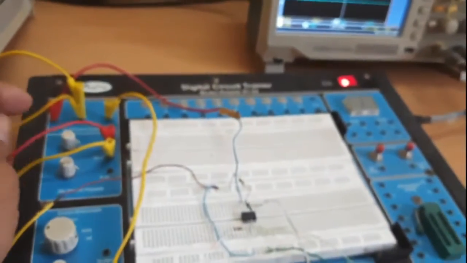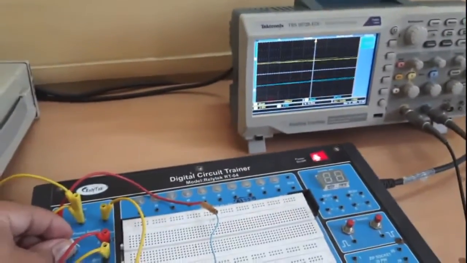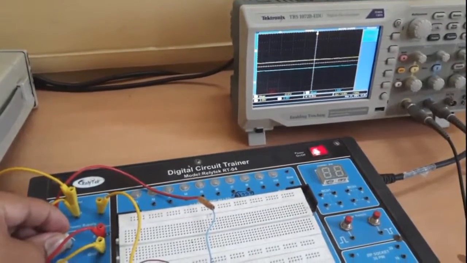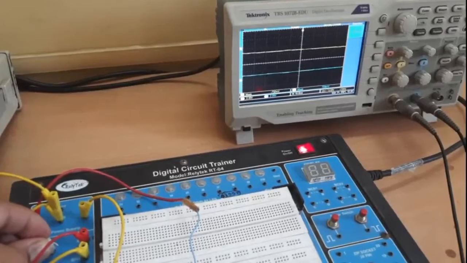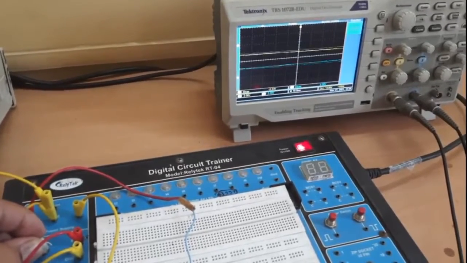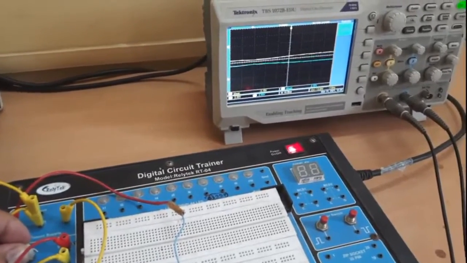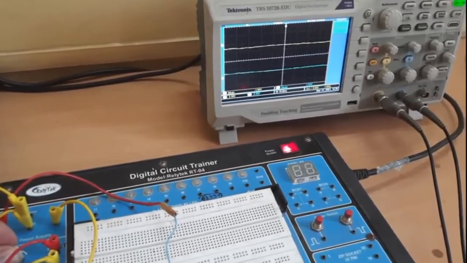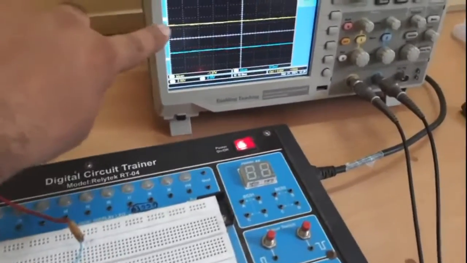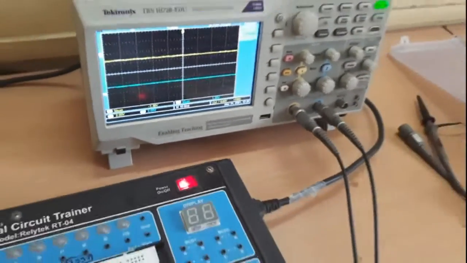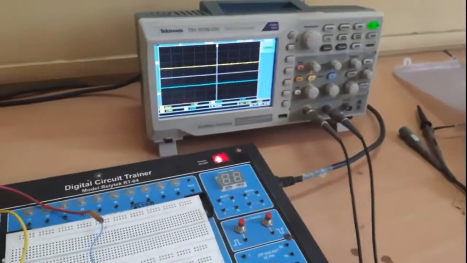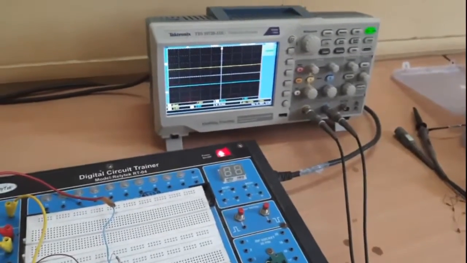As I vary the input voltage, the blue line is the input signal, which is increasing from 0 to 5 volt, and accordingly the output, the yellow line, is decreasing, meaning it is negative voltage.